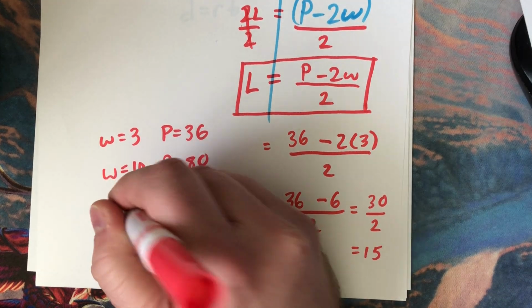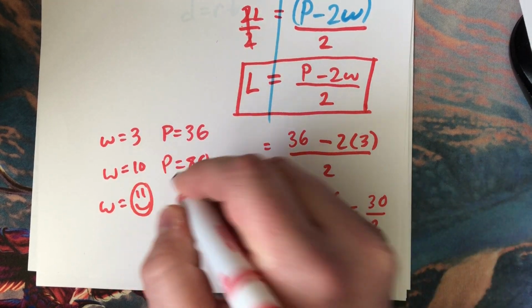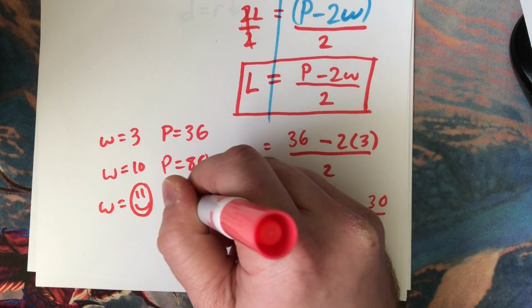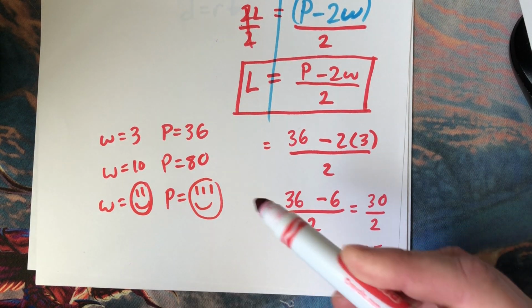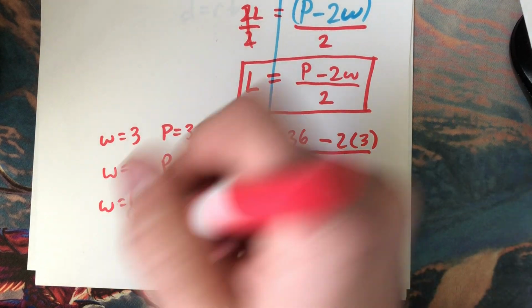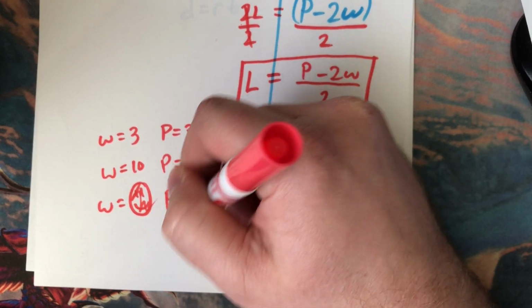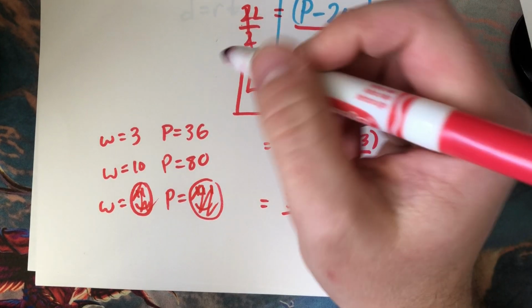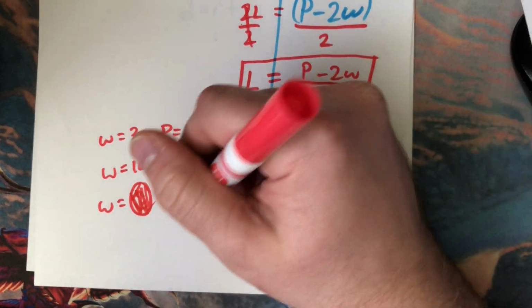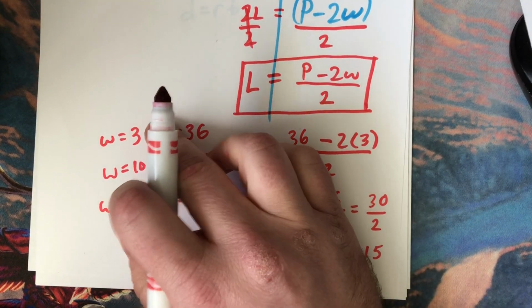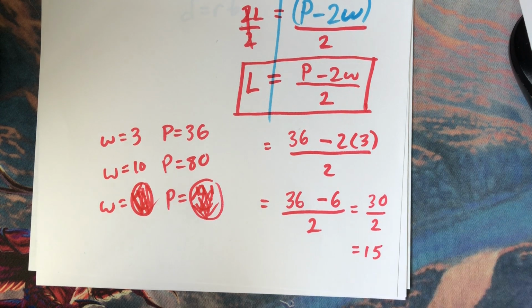Then let's say W is equal to your face, and P is equal to an alien's face with 3 eyes. Then we just drop them in. It doesn't matter what numbers they are. That's what I'm trying to say. It could be something silly. These aren't numbers, though. Your face is not a number. So I could plug in a whole bunch of things and get it to do it all at once.